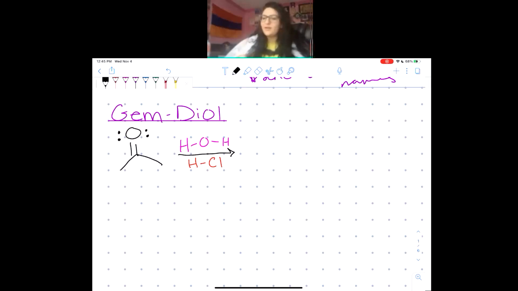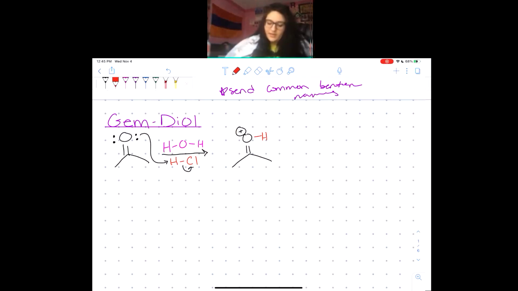It's going to make the carbonyl more electrophilic. Yes, so by that, it's going to steal a hydrogen from the acid. And so we get a plus charge on the oxygen because it has been protonated. And so at this point, the H2O can act like a what?